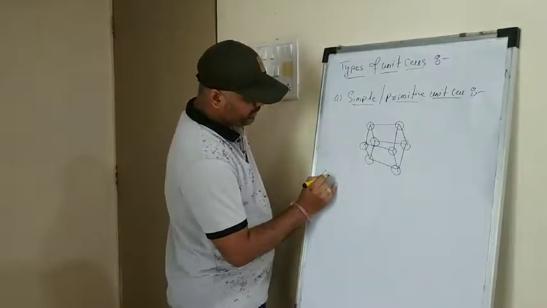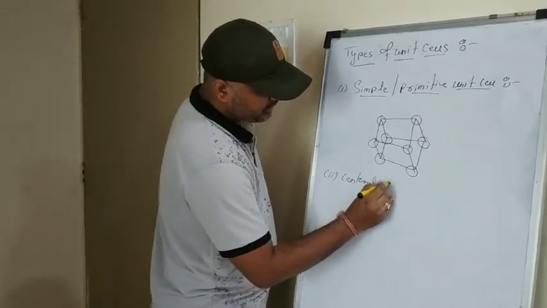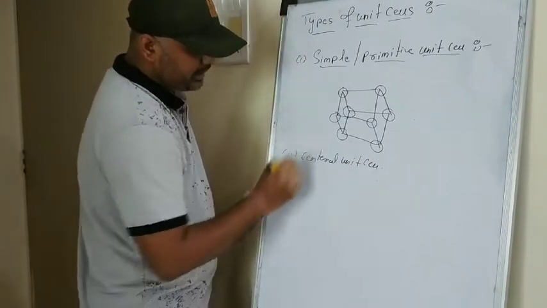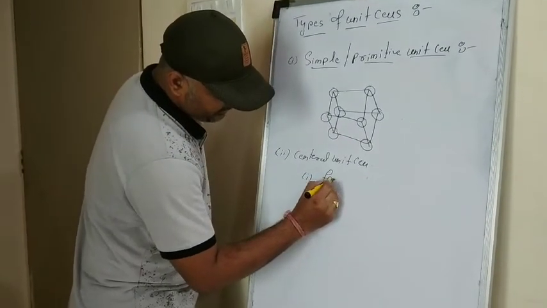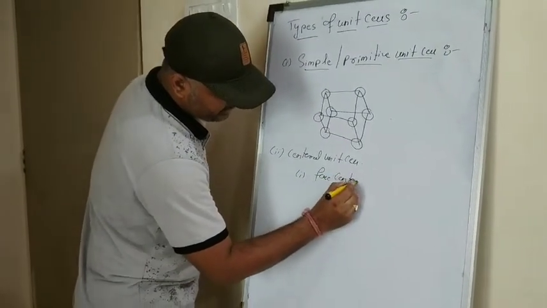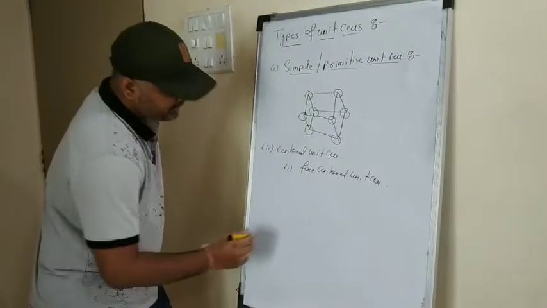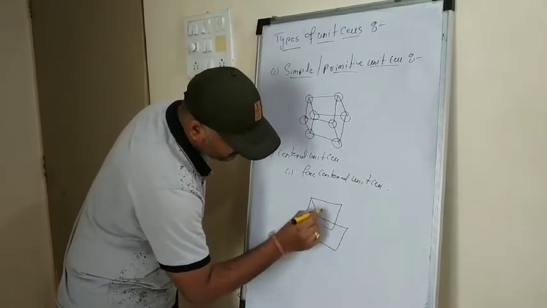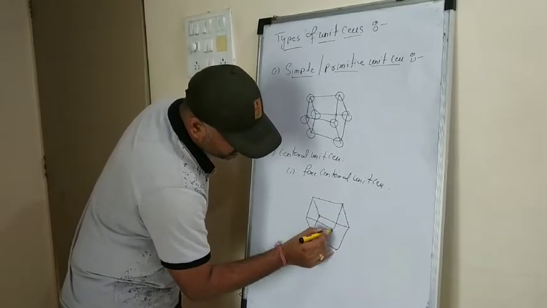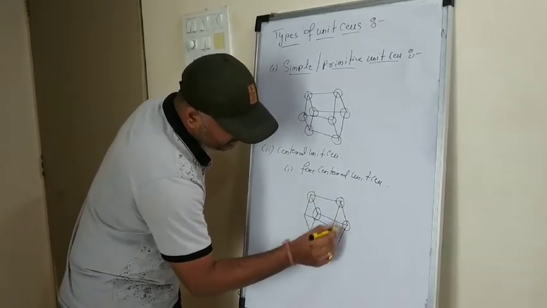Then second type, centered unit cell. Under this centered unit cell, number 1, face centered unit cell. In this face centered, let's draw the face centered. Right? All the constituent particles will be present at the 8 corners.